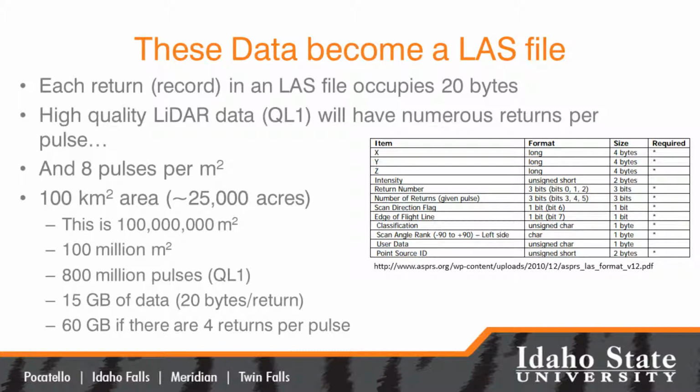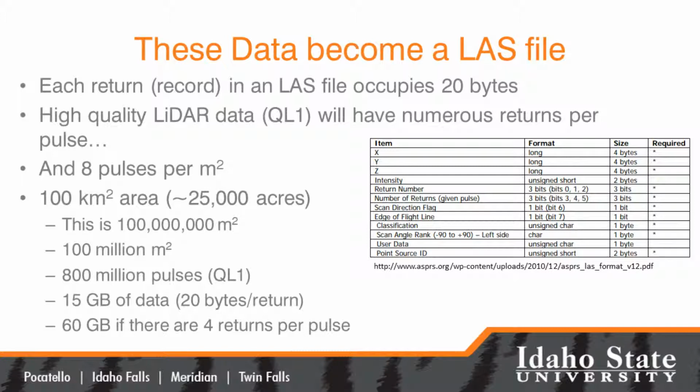For instance, if we have a 100 square kilometer area, about 25,000 acres, that is 100 million square meters. So now we have 100 million pulses, just at one pulse per square meter.